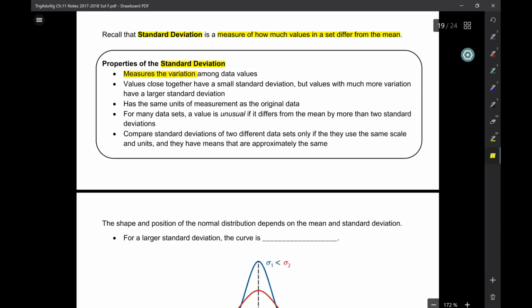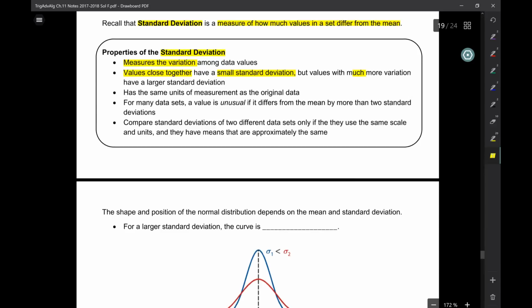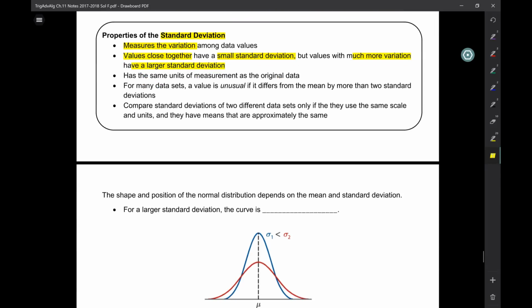It tells you whether all the data values are close to the mean or farther away from the mean. If all the test scores are close together, like if everybody got between 80 and 85, then the standard deviation is very small. But more variation means a bigger standard deviation.